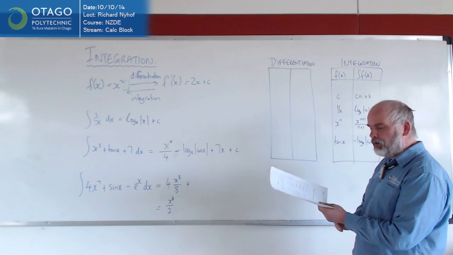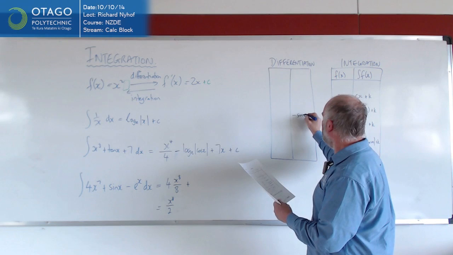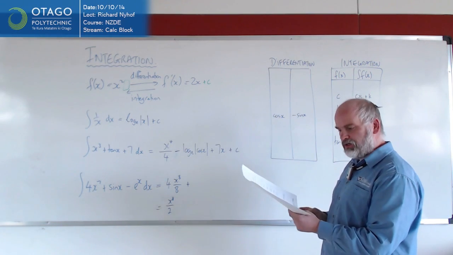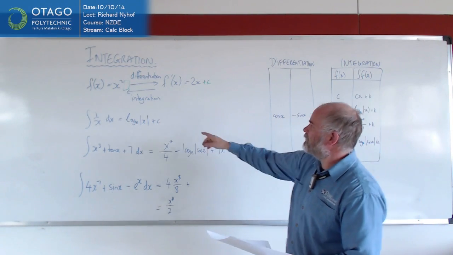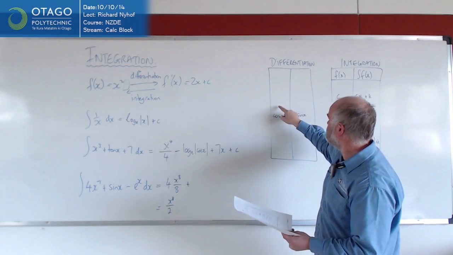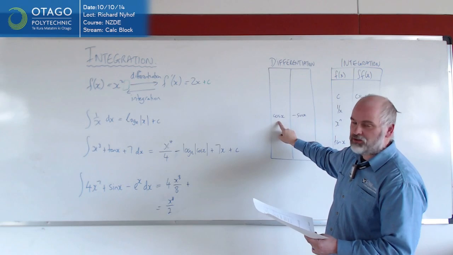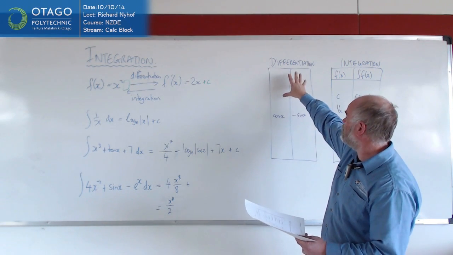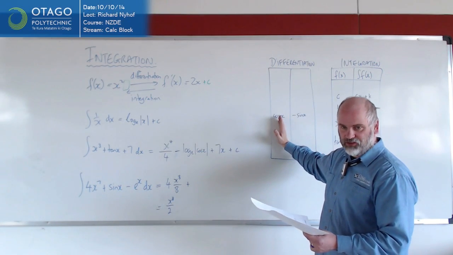But, hang on, on the differentiation sheet, I've got minus sine x and cos x. Now, if what I'm telling you is true, and integration is just undoing differentiation, then if this is differentiation, that must be integration. So coming from here back to here is integration. Even though this is a differentiation table, if I go from that side to that side, it's integration.